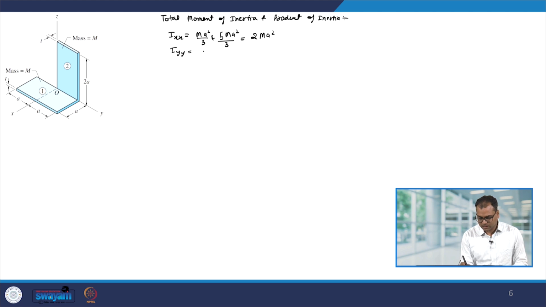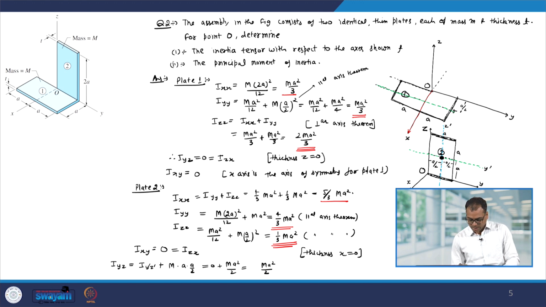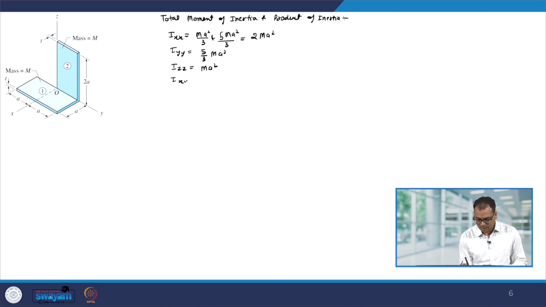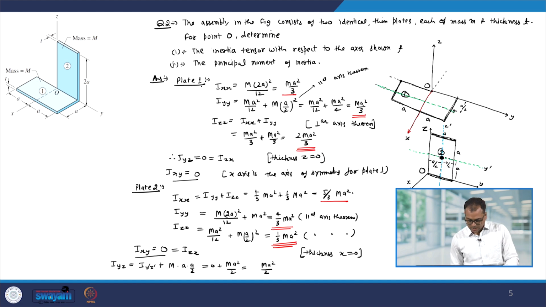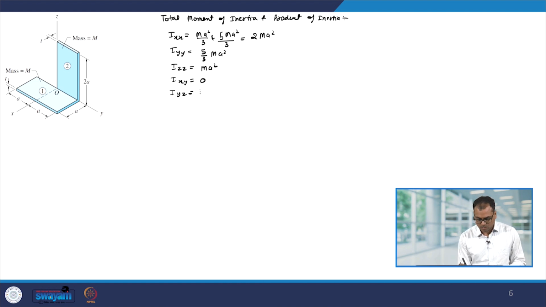Iyy, similarly it will be 5 by 3 m a square, and Izz will be equal to m a square. Now, let us look at Ixy. Ixy was 0 and here Ixy was also 0. So, therefore, Ixy will be equal to 0 plus 0 equal to 0. Iyz will be equal to Iyz. So, here it was 0 and here Iyz was m a square divided by 2. So, that is m a square divided by 2 and Izx was 0.